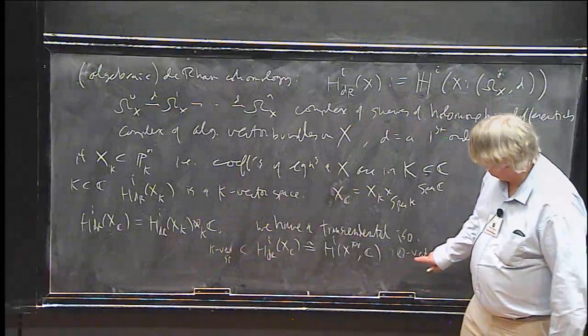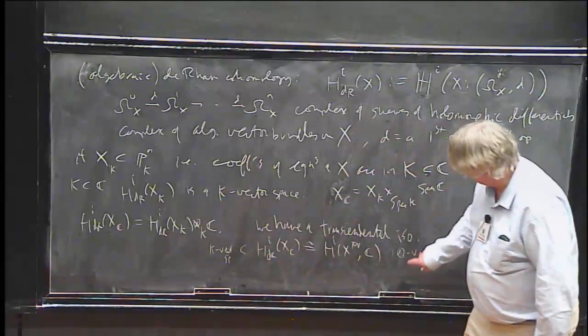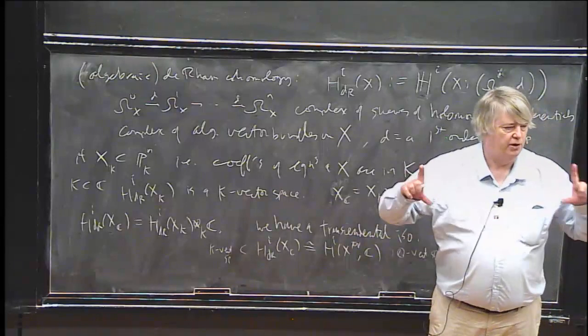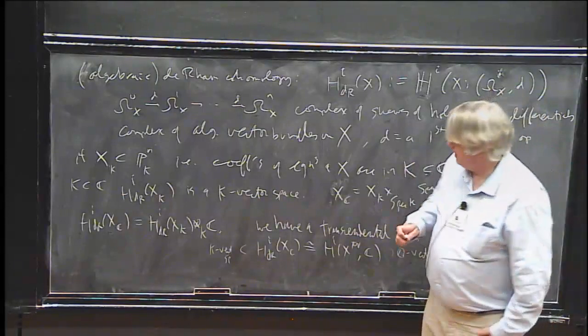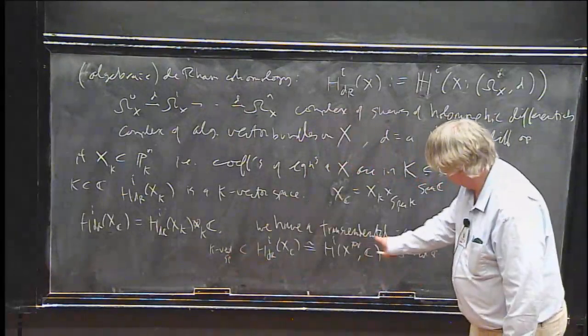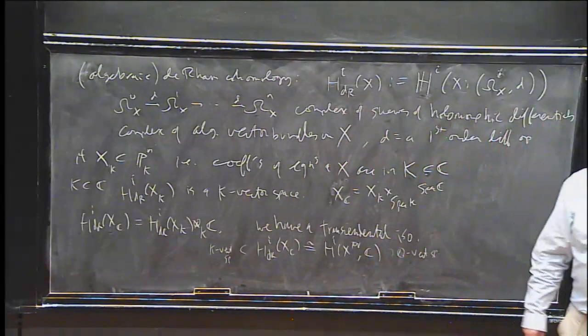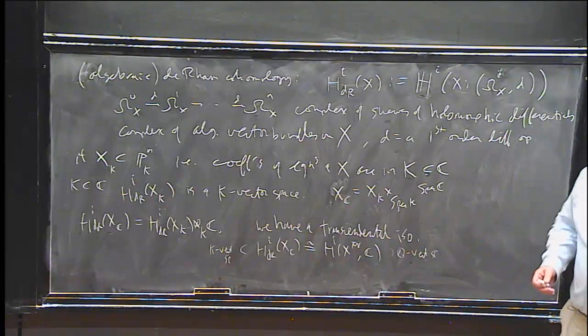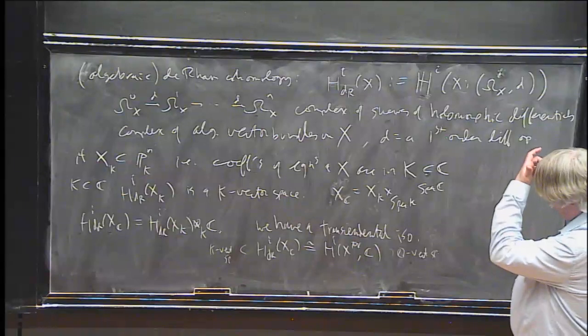And the relationship between these two things, so if you take a basis here and take a basis here, then you get a matrix of numbers. Those are called the periods. They're basically obtained by taking classes that you would get over here and integrating them against classes here. So they're things of the form, some integral of some algebraic function over some cycle, basically. So those are called periods.